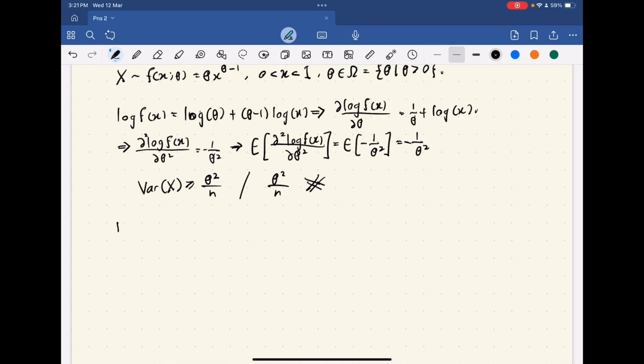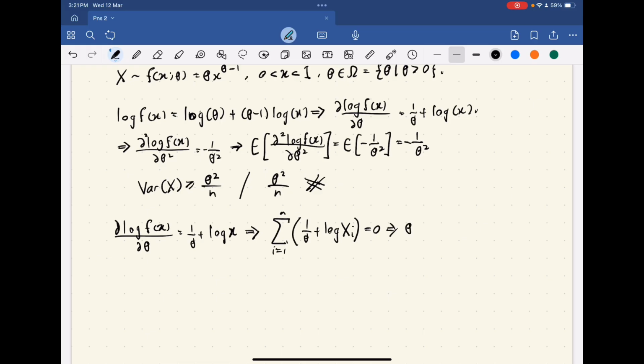So if you have the derivative of the log of the PDF being this, then we sum this from 1 to n, which denotes the sample, and then we equate it to 0, then we can find our MLE, which is just negative n over the sum of i equals 1 until n of log xi.